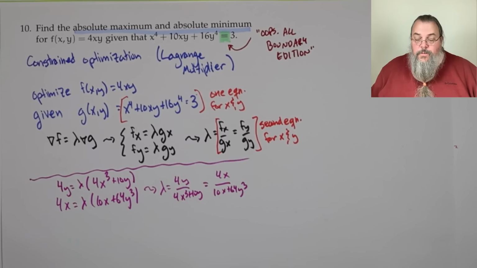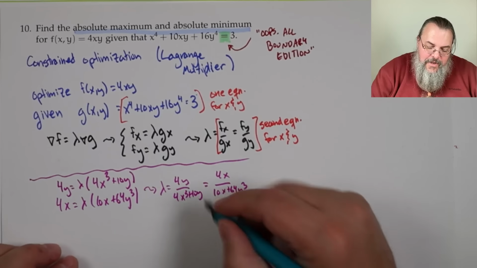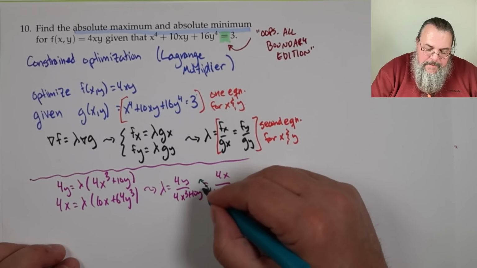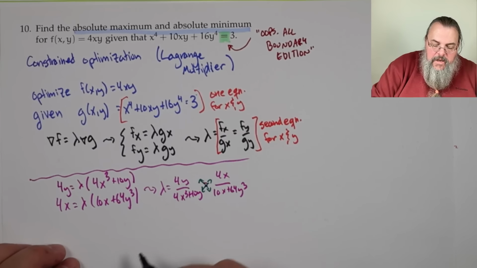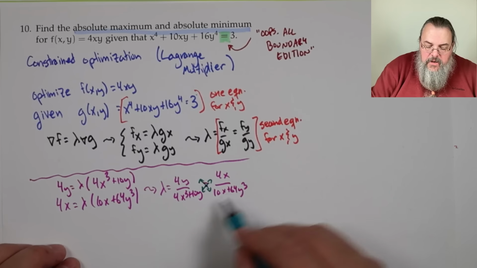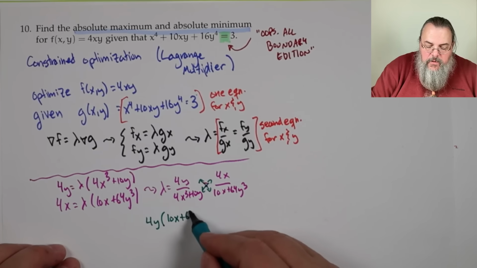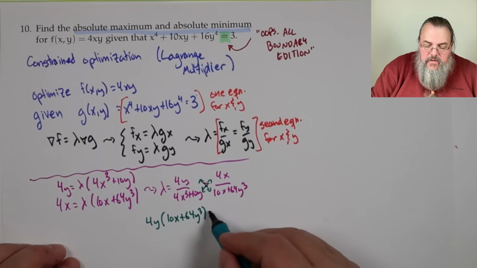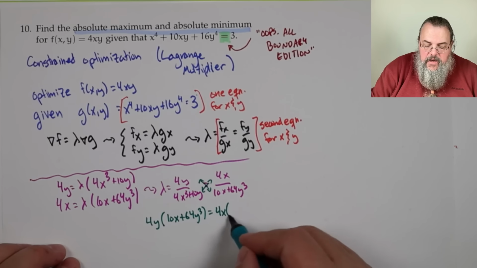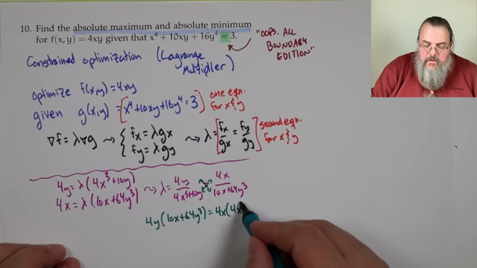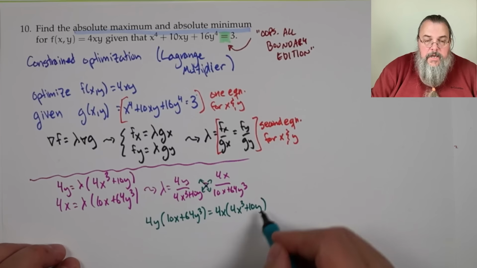And we don't like fractions. They're very scary for people. So we're going to do some cross multiplying. And that says, well, okay, we get 4y times 10x plus 64y cubed is equal to 4x times 4x cubed plus 10y.